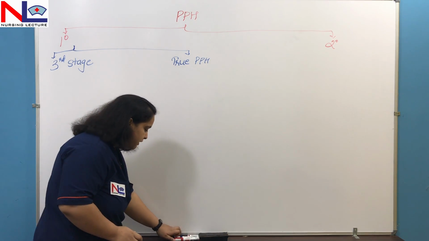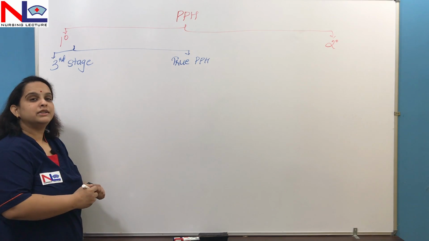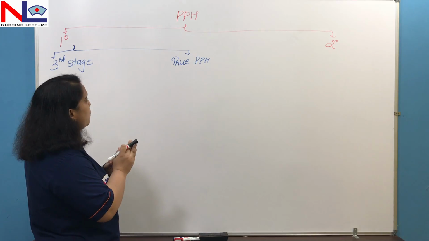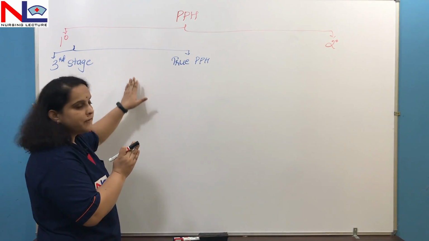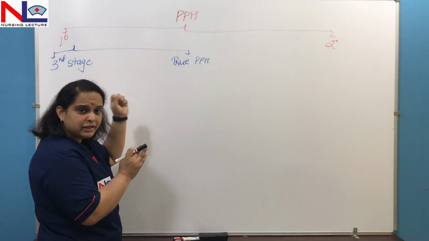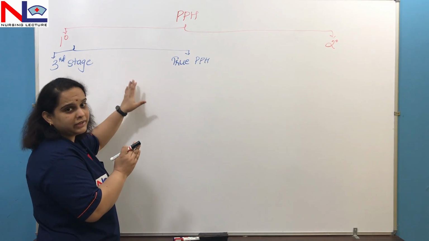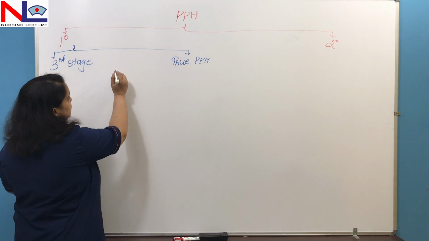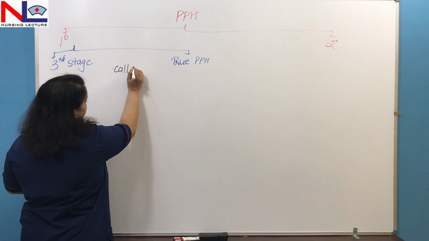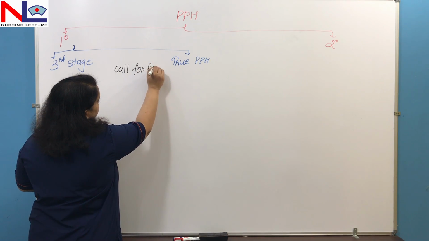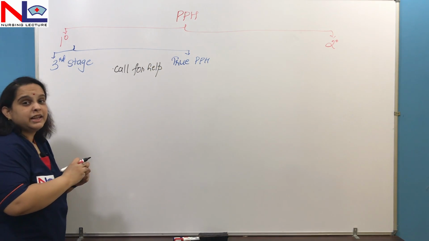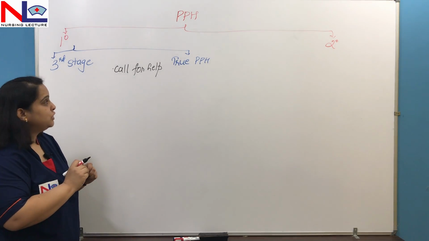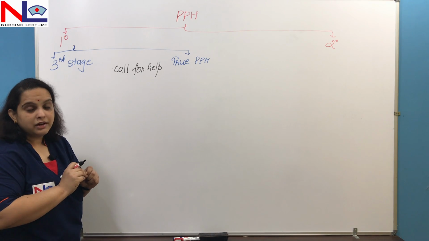Whatever the reason is, whether it is primary or secondary, first we need to do a few important steps beforehand. We will do all of these in any condition. The first thing is to call for help, because this is a very dangerous condition in which we cannot handle the situation alone.